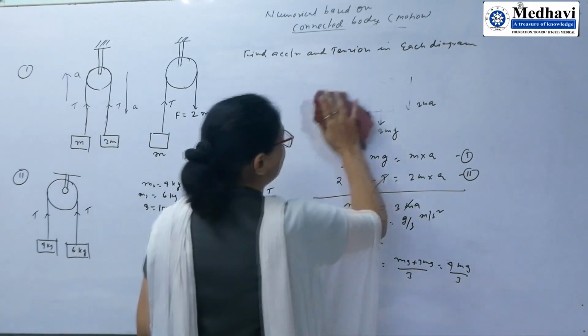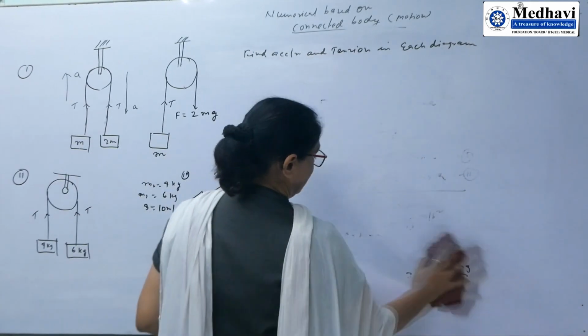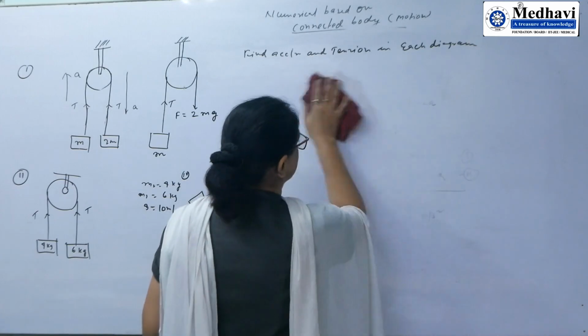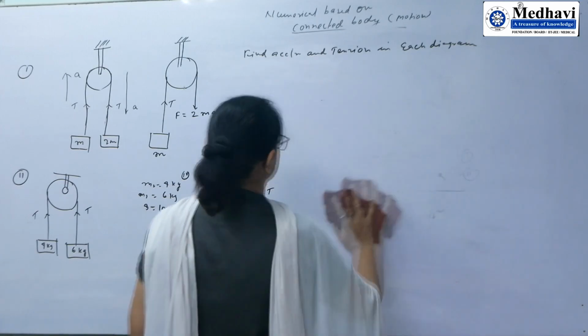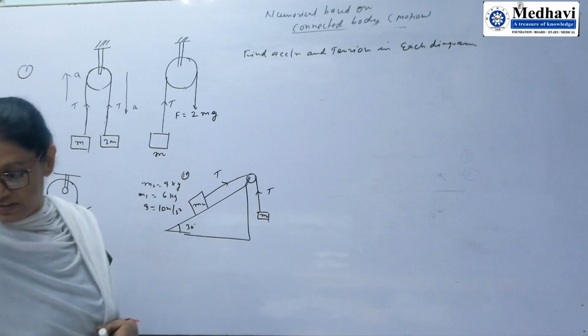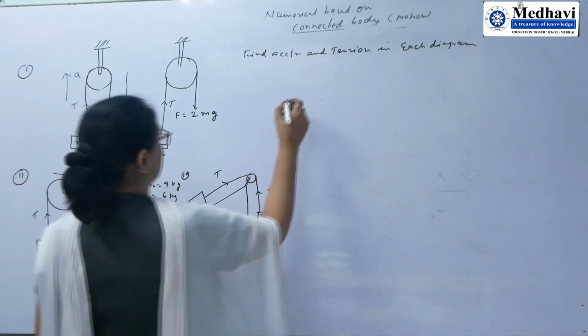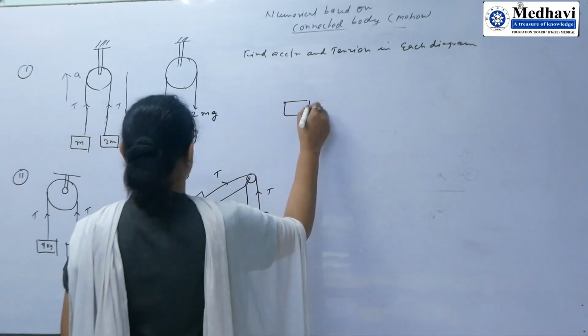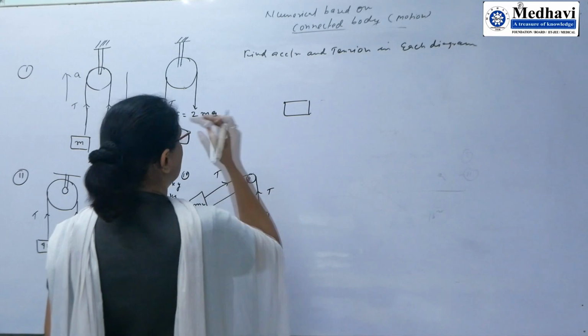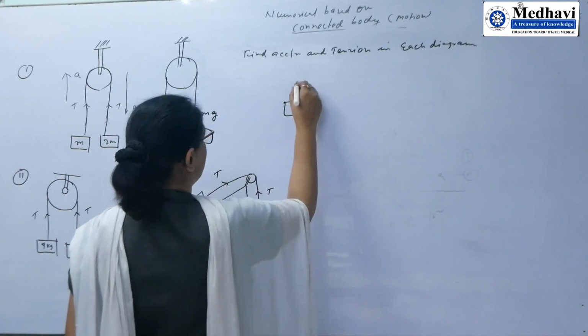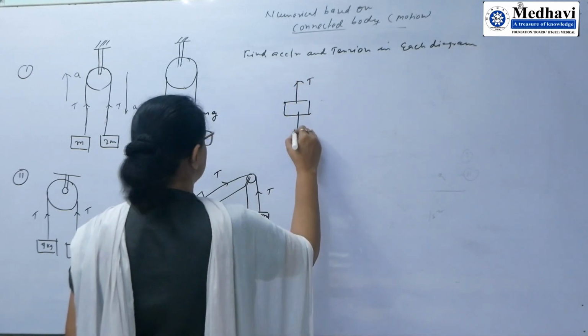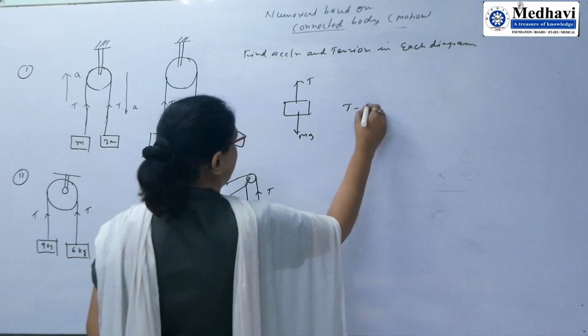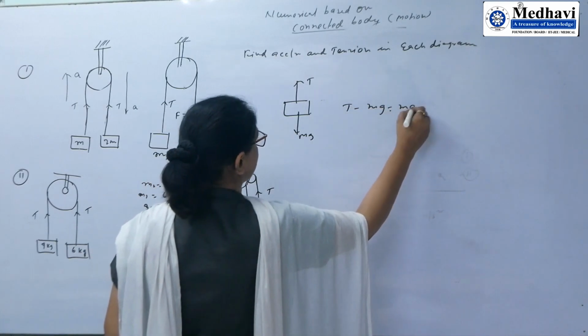In the second question, what is happening here? For the first body, the free body diagram is, this mass m is given. So you can write, the body is moving up, so tension up, mg down. You can write T minus mg is equal to m into a.